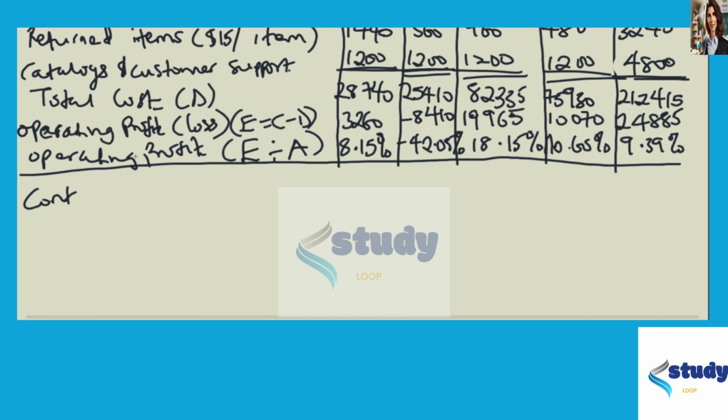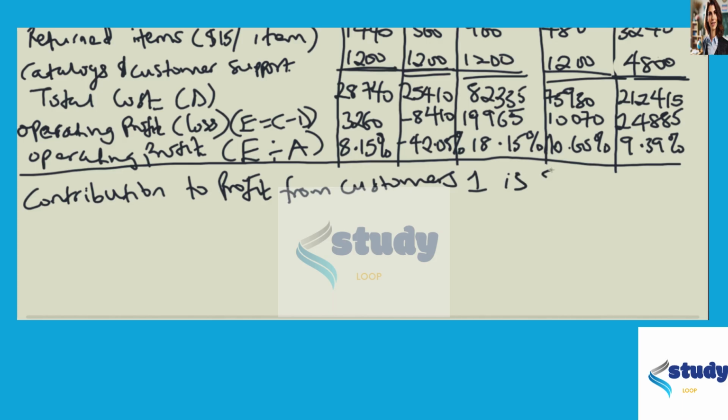The contribution to profits from customer 1 would be $3,260, which is right here.